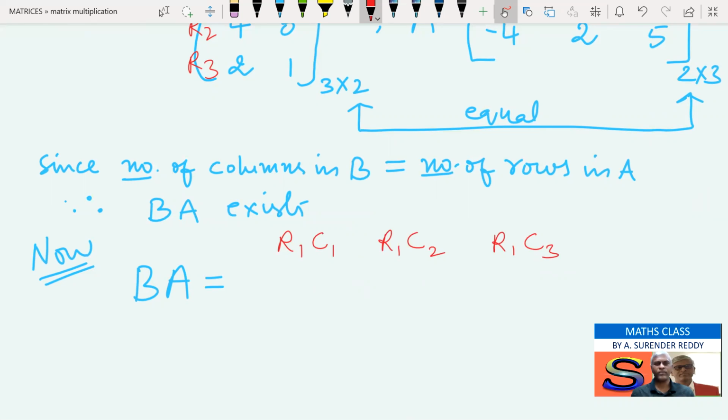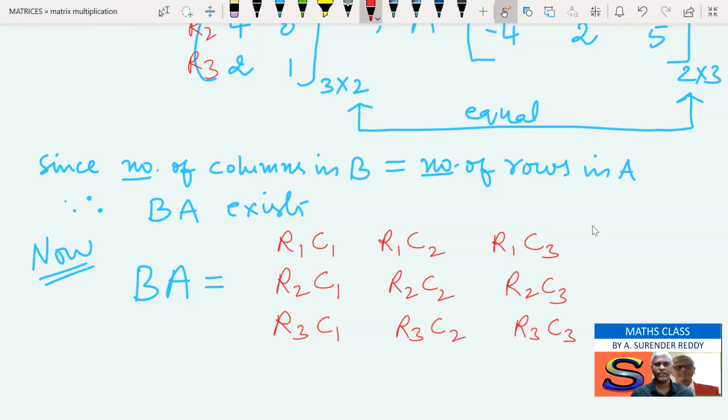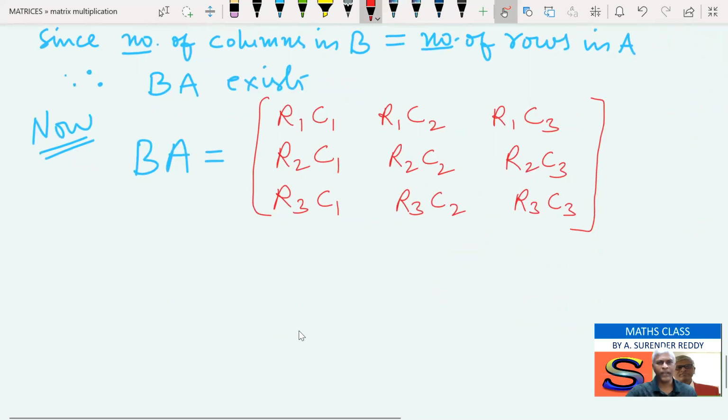So multiply R1 with C1, C2, C3 and multiply R2 with C1, R2 with C2, R2 with C3. Similarly, R3, C1, R3, C2, R3, C3. So this will be the product of BA. So now let us multiply R1 with C1.